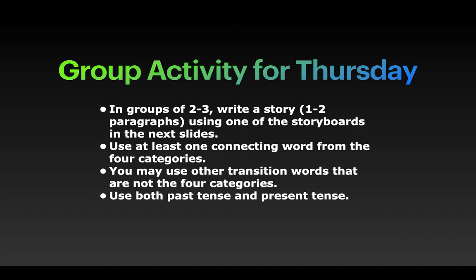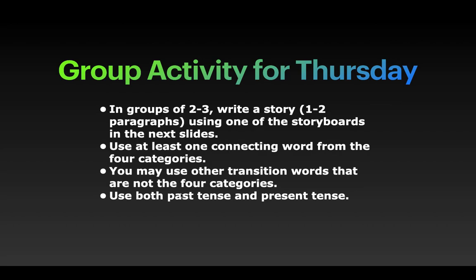Okay? And you may also use other transition words that are not in the 4 categories. So you can use when or whatever, the time conjunctions, if you feel that you should use them. And this is in connection to our previous lessons on present and past tense.